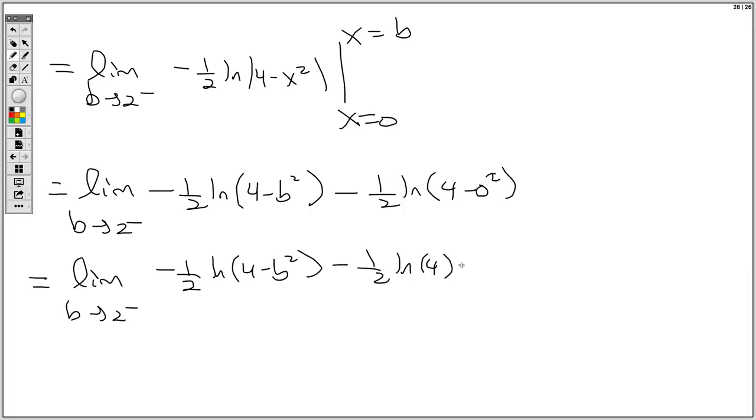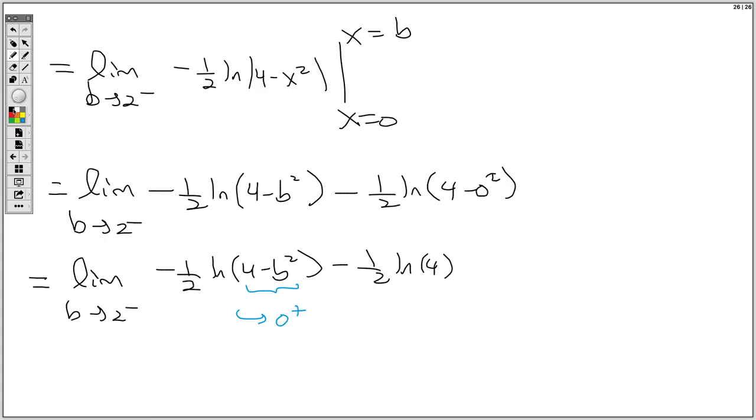Now, as b sneaks into 2 from the left, what's going to happen? This is going to go to 0 from the right. 4 minus that is going to be something close to 0 but positive.